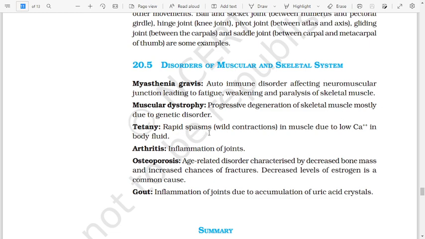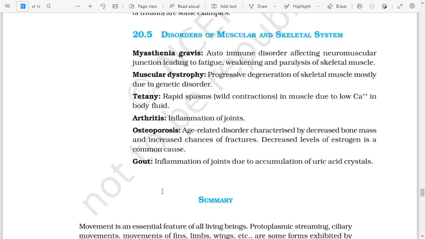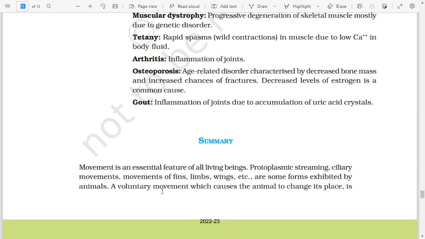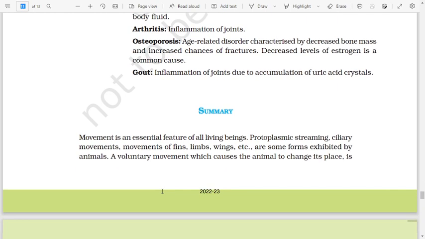Tetany: rapid spasms, or contraction, in muscles due to low calcium in body fluid. Arthritis: inflammation of joints. Osteoporosis is a related disorder characterized by decreased bone mass and increased chances of fractures; decreased level of estrogen is a common cause. Gout: inflammation of joints due to accumulation of uric acid crystals.